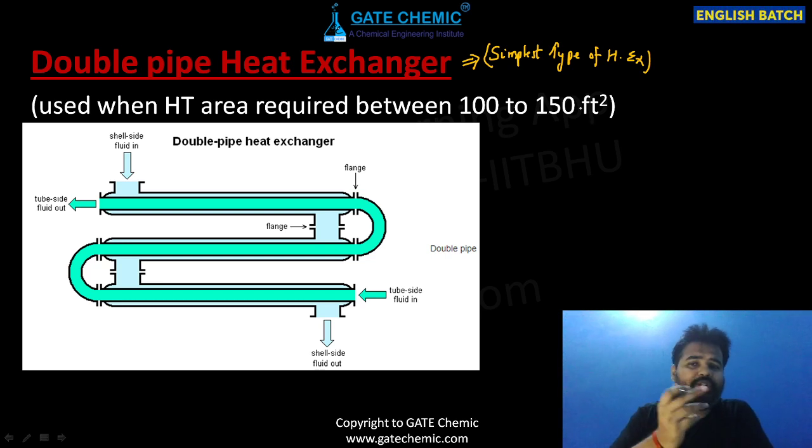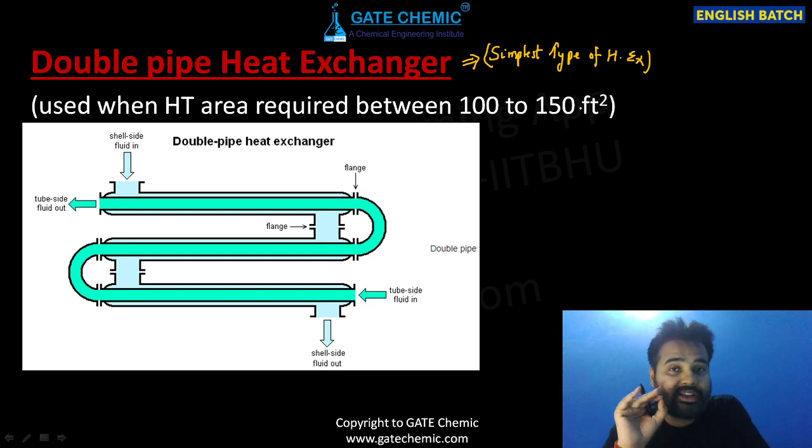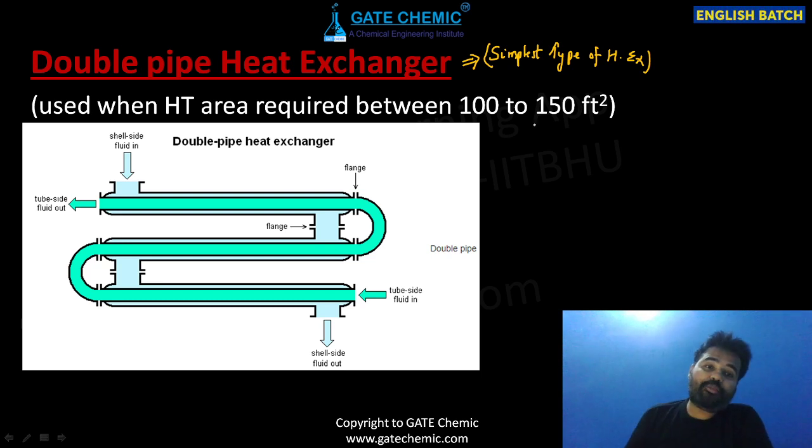Why we are doing this? Why can't we use it? Now Lakhan, your answer, beta. Lakhan Kumar Pandit: why can't we use a double pipe heat exchanger for cases where we want more heat transfer area? Because in that case, beta, your pipe will be too long. It will take a very large space for installation.